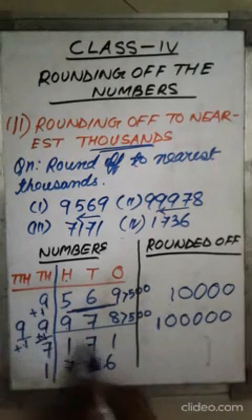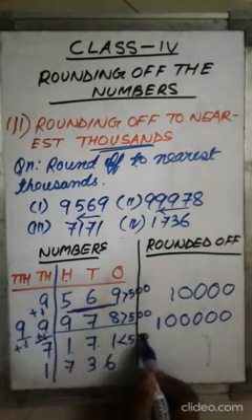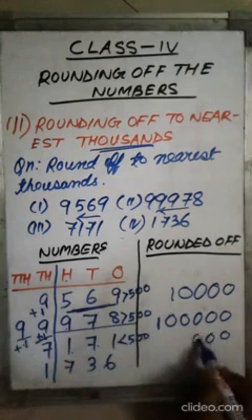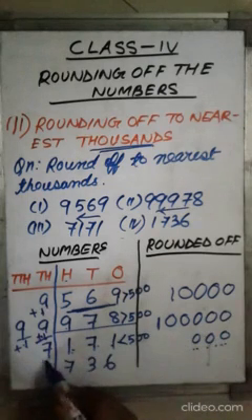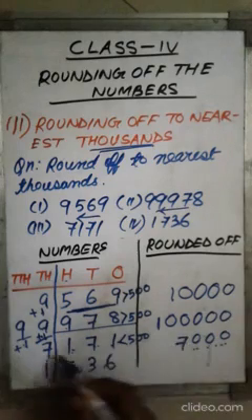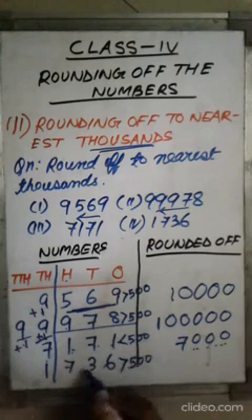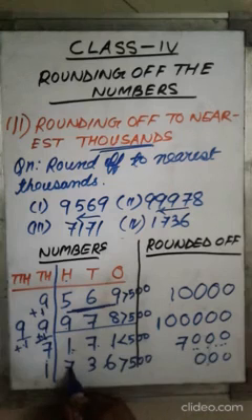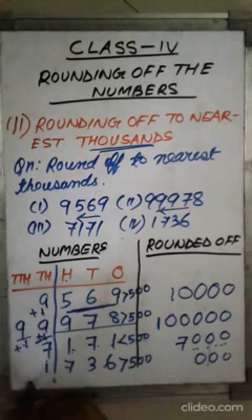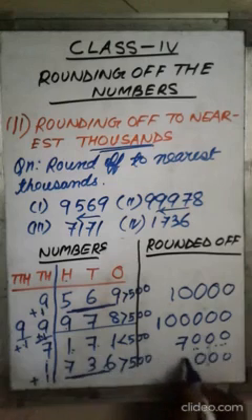For this number, 171 is less than 500. So for these 3 digits, I shall write 3 zeros. 7 will not change, so it will be as it is. 736 is greater than 500, so I shall put 0 for these 3 digits. 1 will be added as it is greater than 5, therefore it will be 1 plus 1, it is 2.